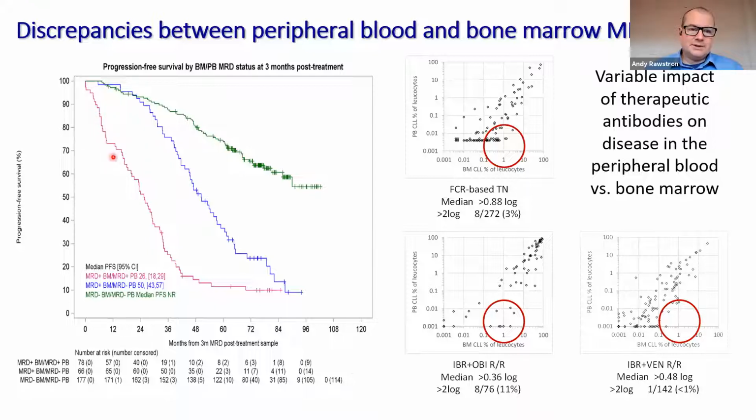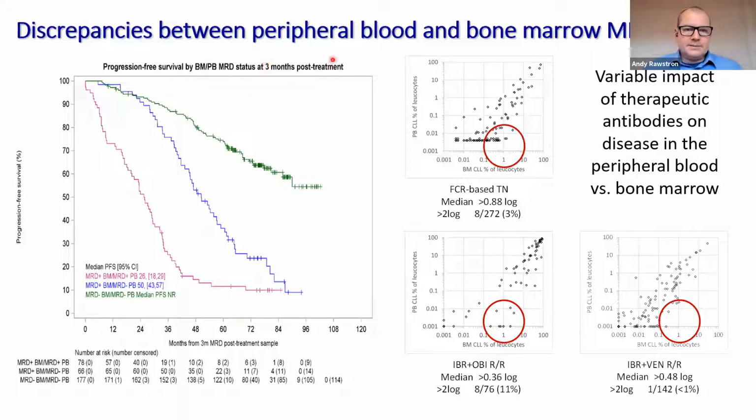So this is patients who are positive in peripheral blood and bone marrow, versus patients who are negative in the peripheral blood but positive in the bone marrow, versus patients who are negative at the 1 in 10 to the 4 threshold in both. And you can see that with peripheral blood, detectable versus undetectable, you get a pretty good separation in progression-free survival. But if you're looking for durable remission, it's only those patients who've cleared the bone marrow where you're seeing that sustained over a number of years.